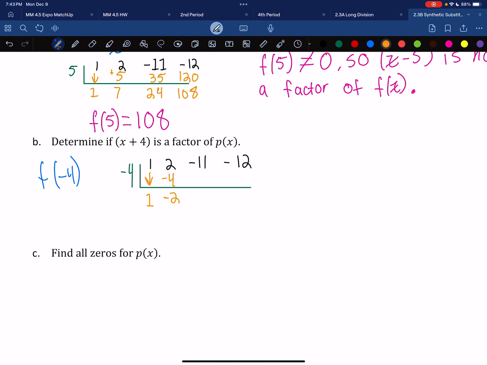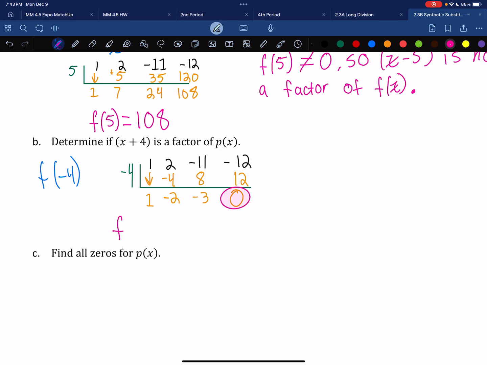Negative 4 times negative 2 is a positive 8. Negative 11 plus 8 is negative 3. And negative 4 times negative 3 is 12. And then negative 12 plus positive 12 is 0. So I ended with 0.